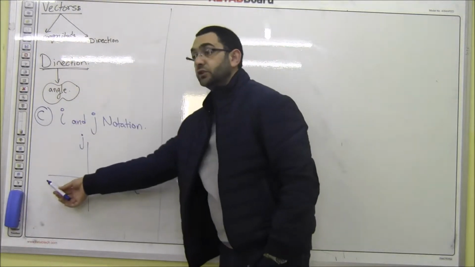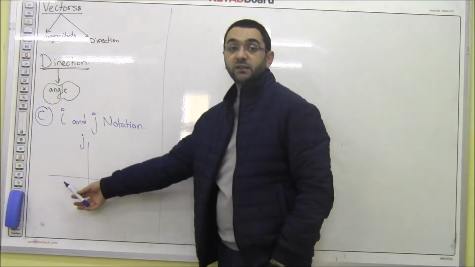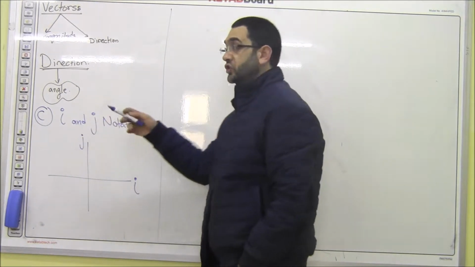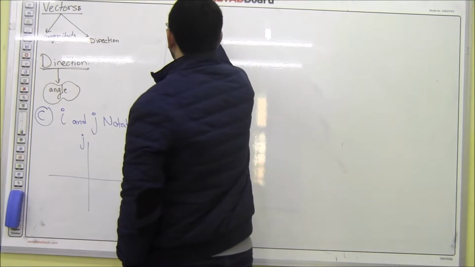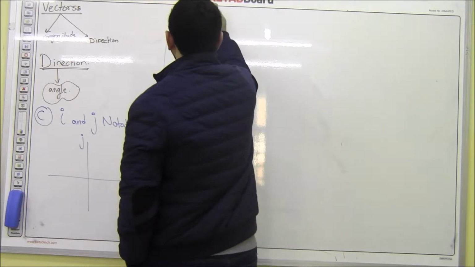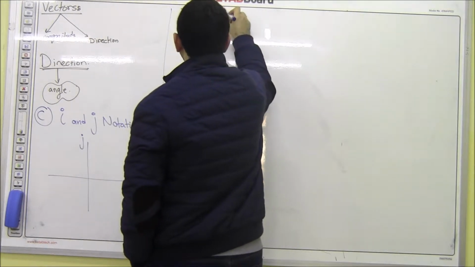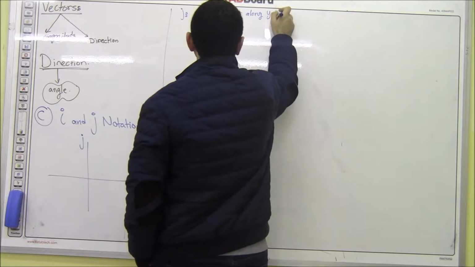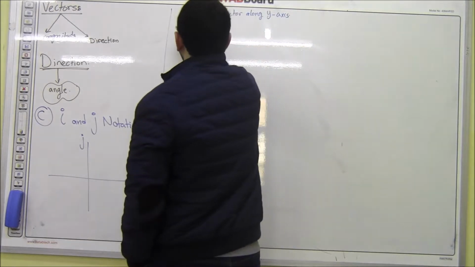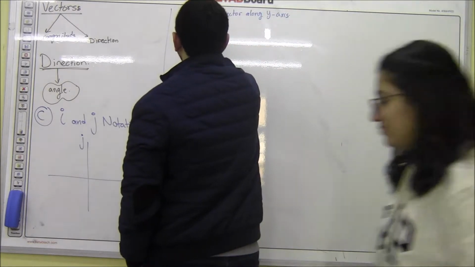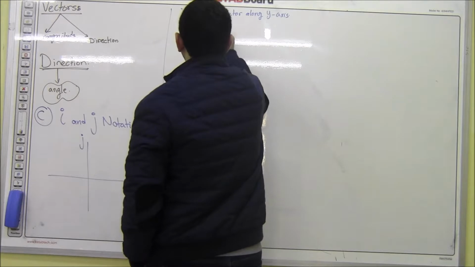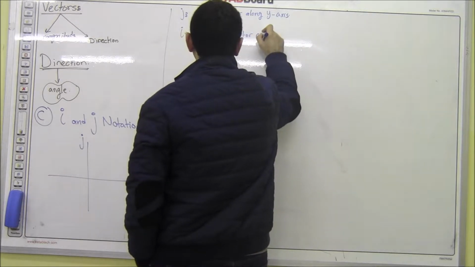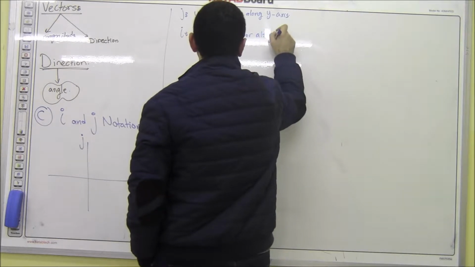The horizontal unit is I, while the vertical unit is J. J is the unit of the vector along the y-axis, where I is the unit of the vector along the x-axis.